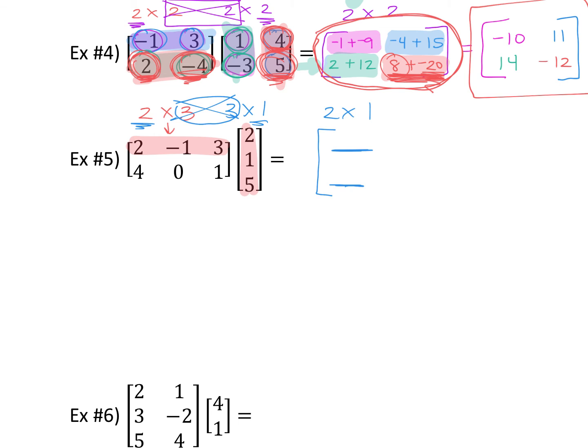So it's going to be 2 times 2, so 4, plus negative 1 times 1, so negative 1, plus 3 times 5, or 15. That makes sense? Top row, first column, only column, right?